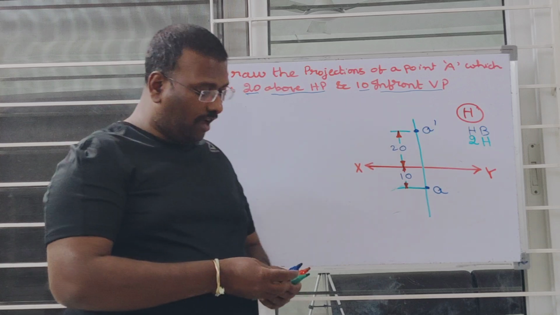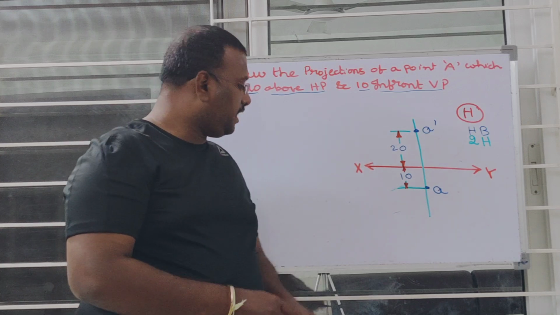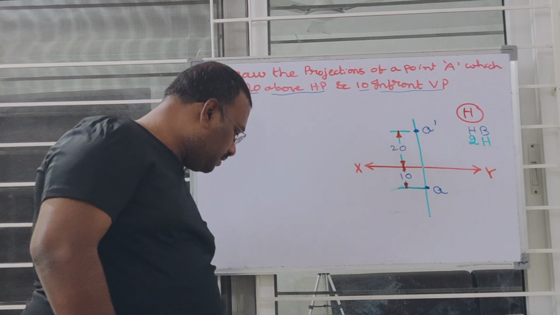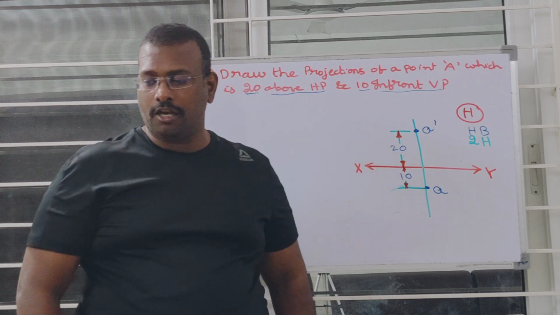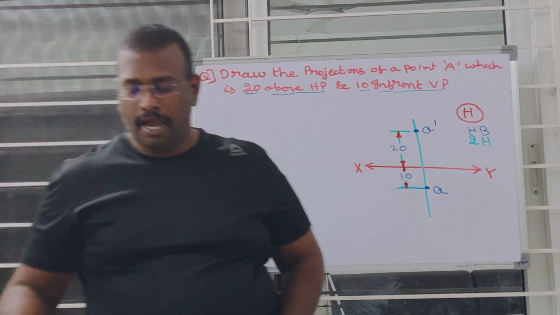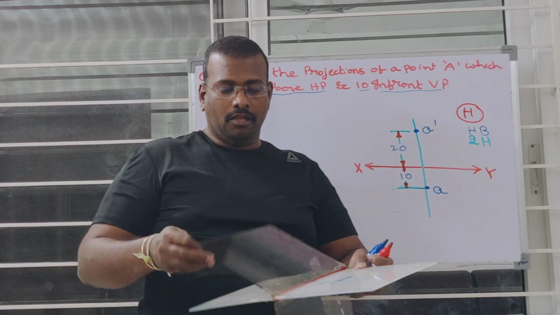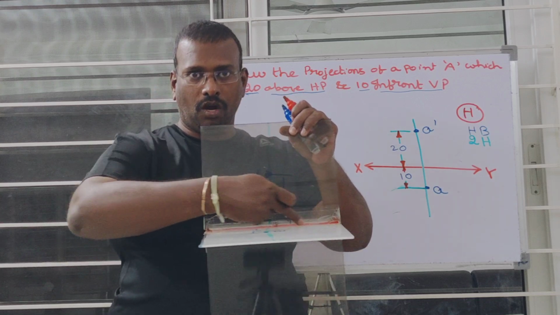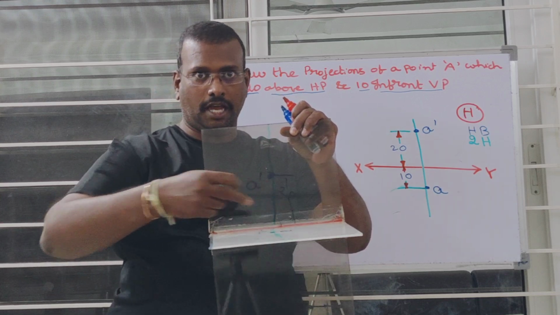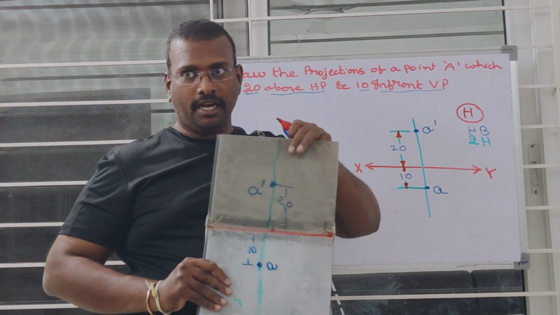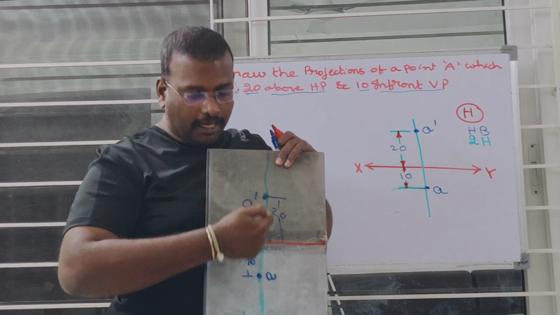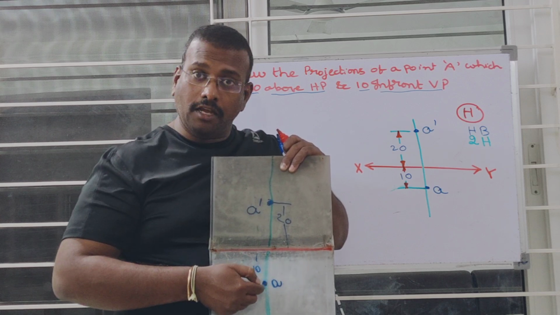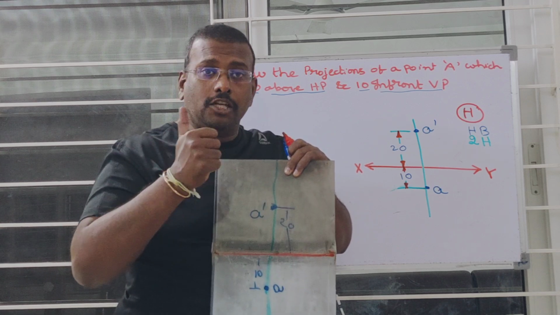Sir, people will have a doubt. Why is the XY line drawn with H pencil? We have to know from the concepts. Actually, these two are the planes. If there is no line here, if the intersection line is not there, and you rotate like this, on this same line, A dash is getting here, A is getting here, but where is 20?